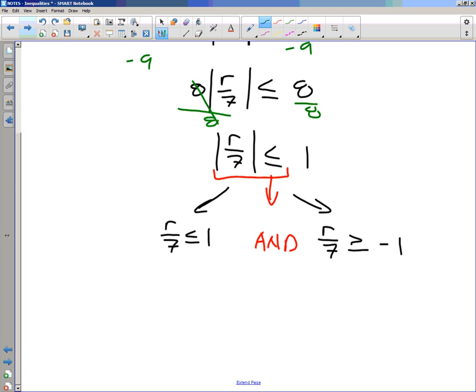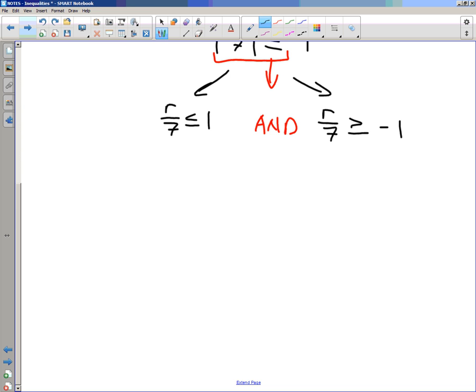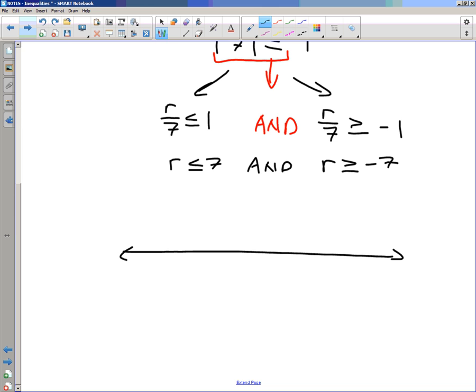Now we've got two simple inequalities to solve. We will solve them, we will graph them, and because this is and, we want to look for where they're overlapping. That will be our solution area. So multiplying by 7 on both sides is going to get us r less than or equal to 7 and r greater than or equal to negative 7. Graph these. So we put negative 7 and 7 in the appropriate places on our number line.